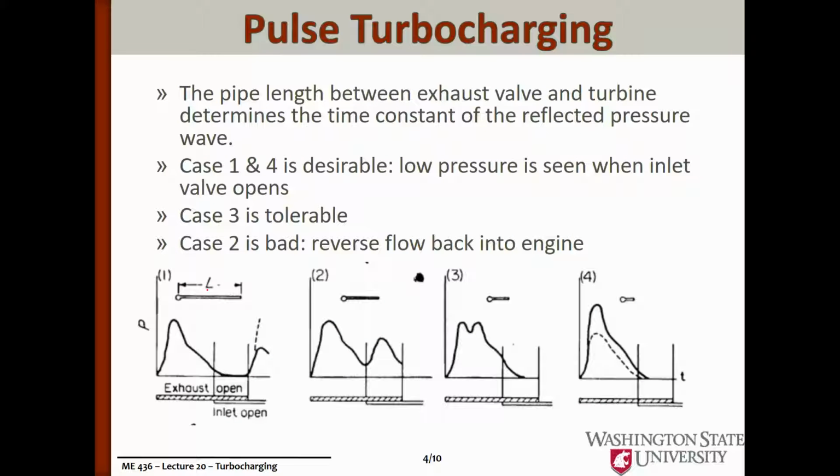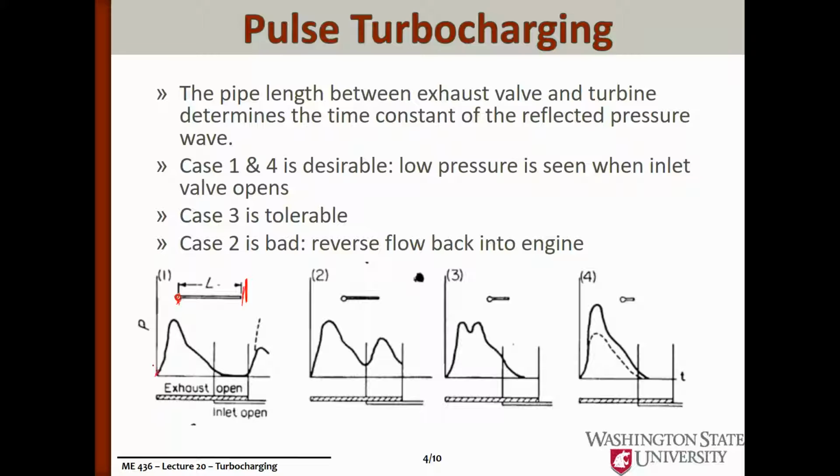The volume or the pipe length distance between where the engine exhaust valve opens and where the turbine fan is critical for determining what pressure the exhaust valve will see when the inlet valve opens. So let's look at case 1 here.